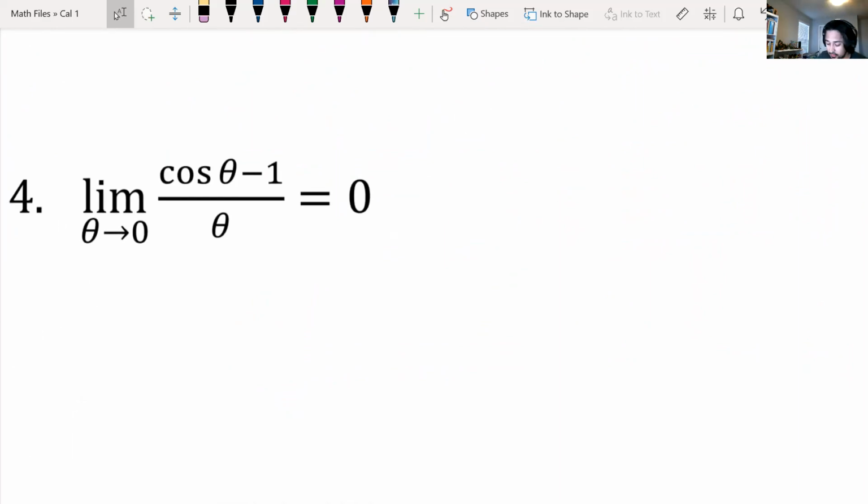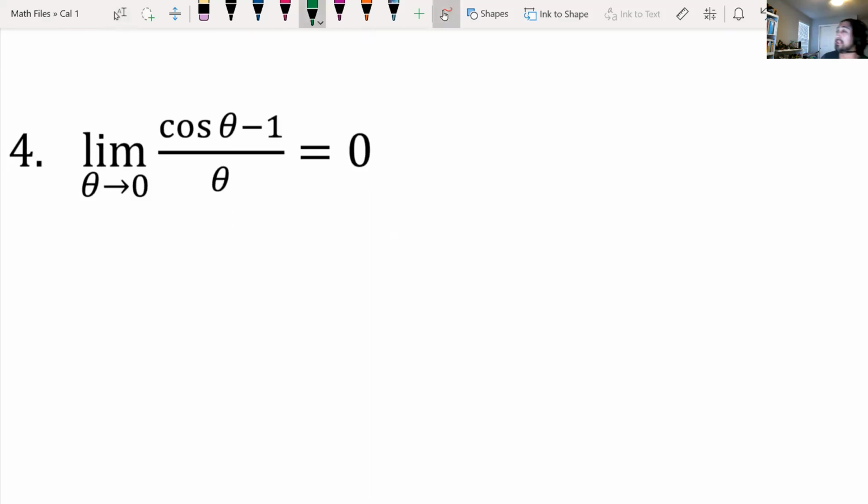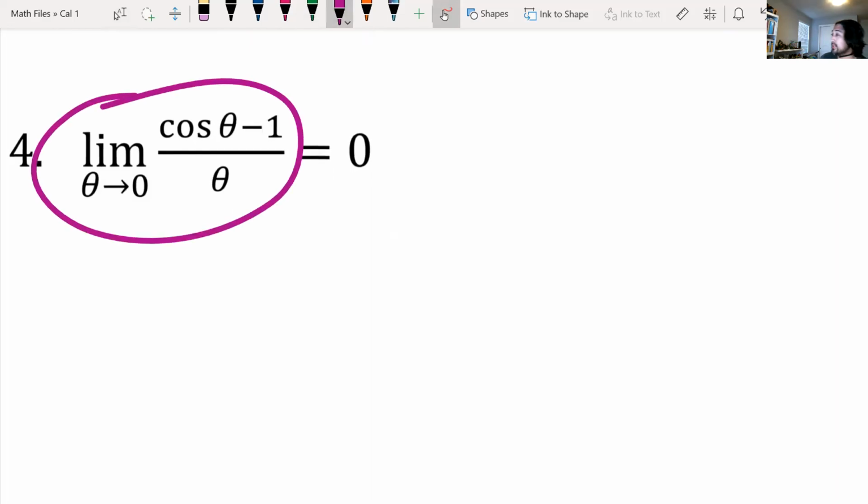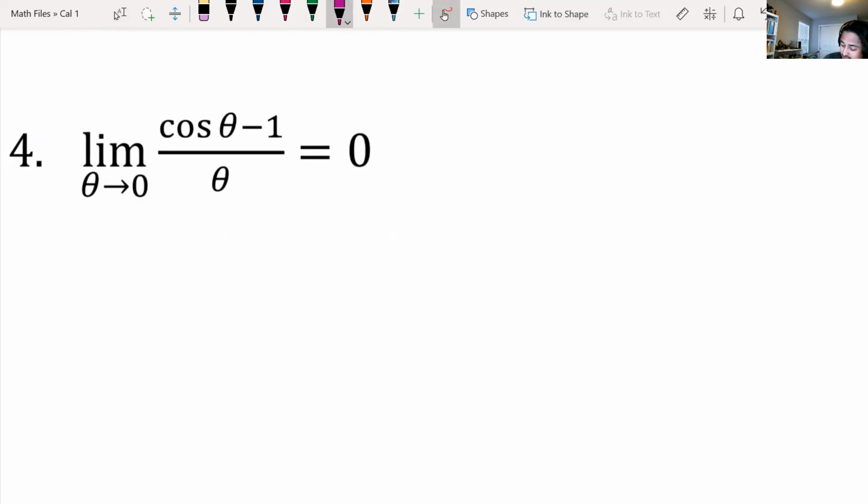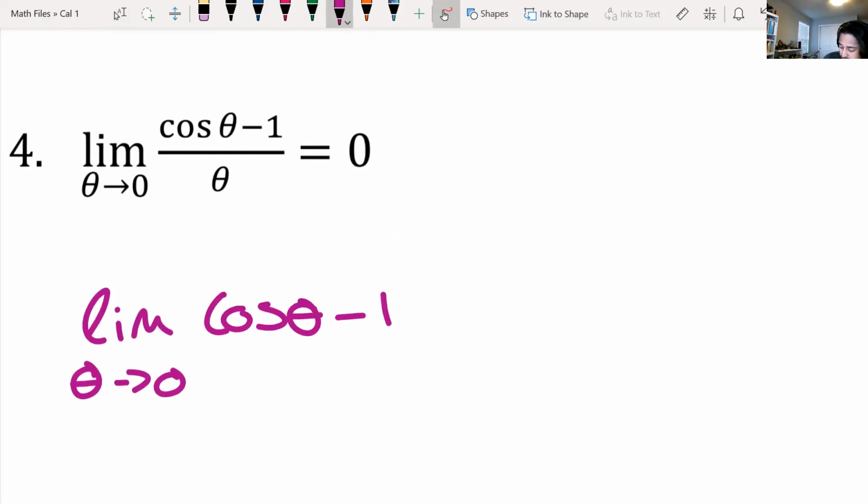So we are going to start off with a left-hand proof. You guys remember trig proofs, right? Those were great. We're going to start by proving this from the left side. So I'm going to rewrite it and say the limit as theta approaches 0 of cosine theta minus 1 over theta.